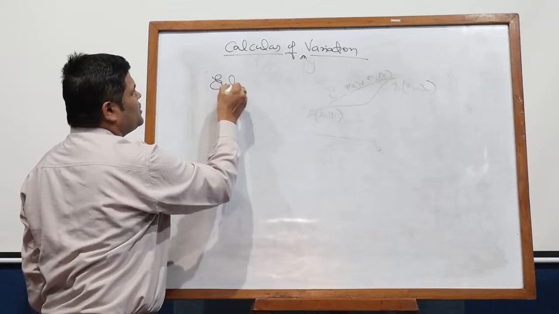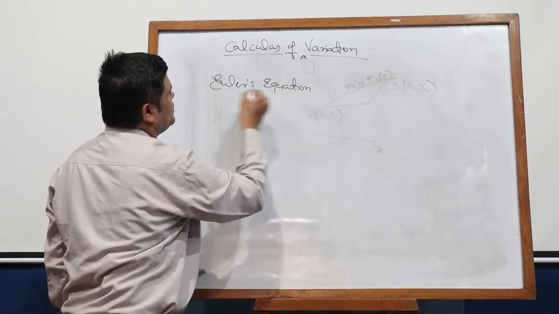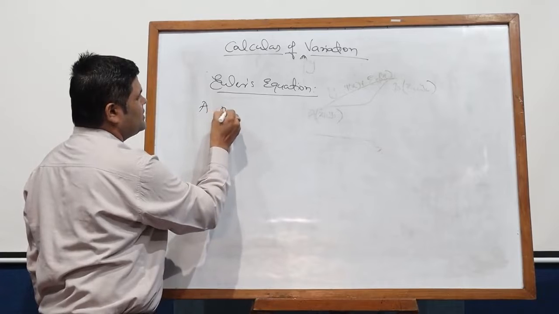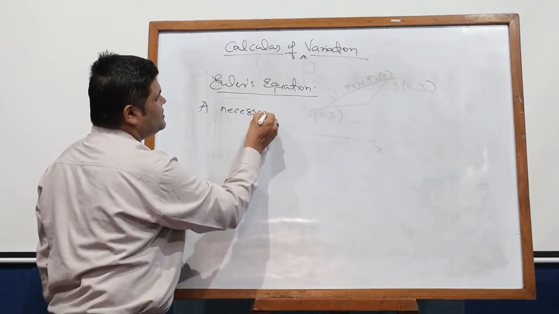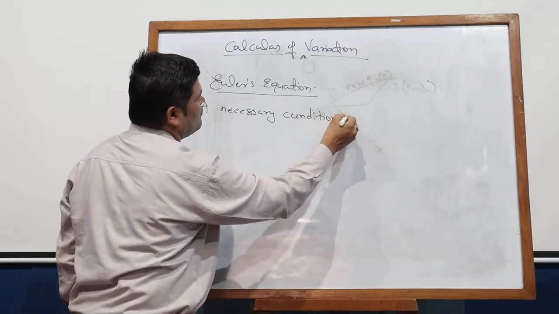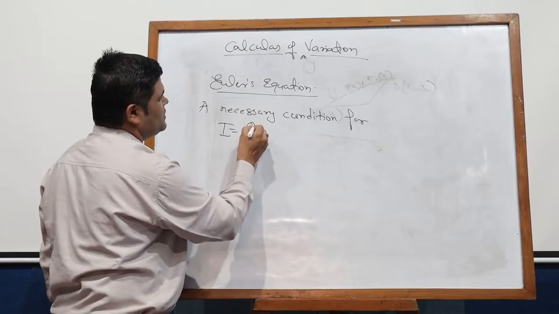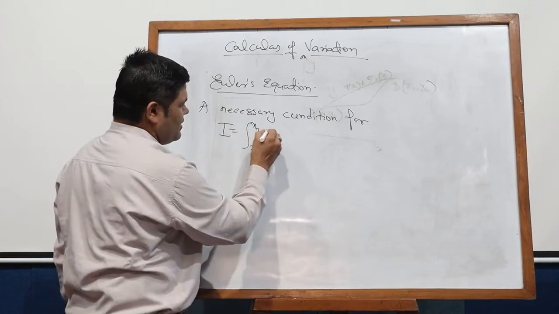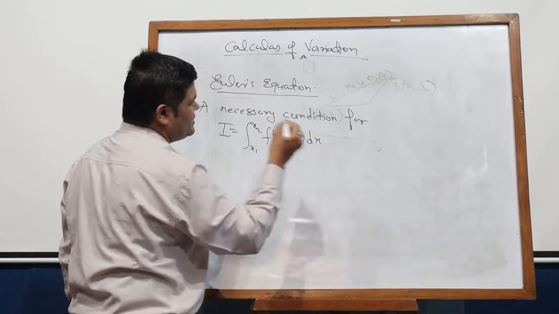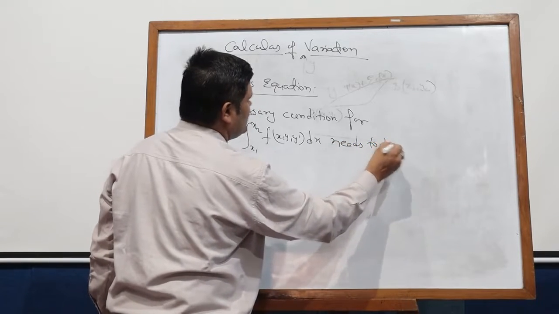We are introducing Euler's equation. This Euler's equation is a necessary condition for I equals the integration from x1 to x2 of f of x, y, y dash dx to be minimum.